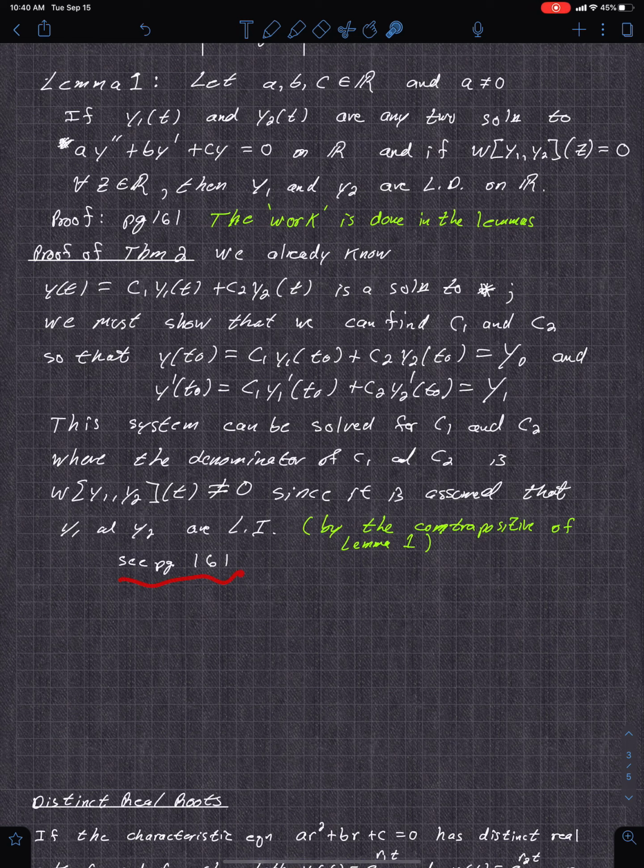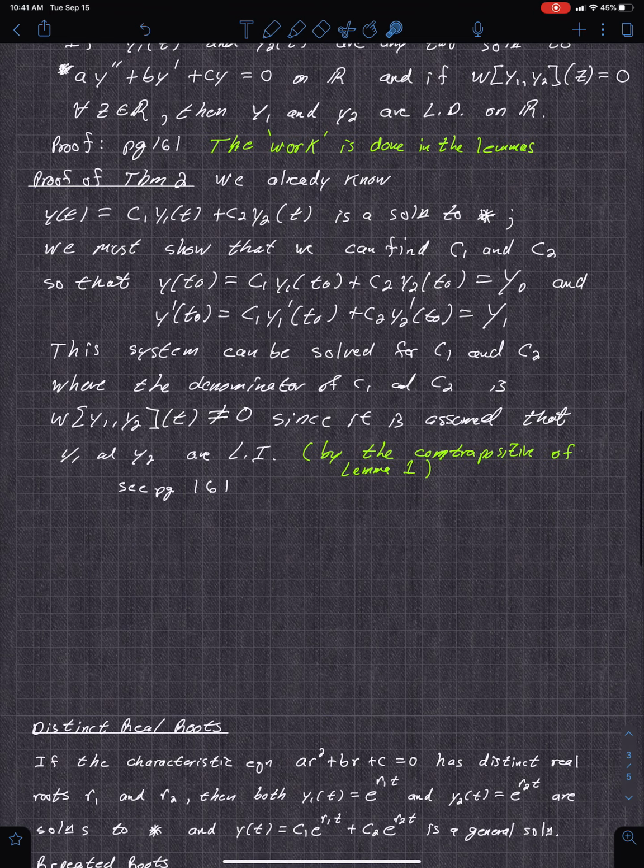If you go to page 162, you'll see that you have C1 equal to something, and what it's divided by is the Wronskian of y1 and y2. But because we're assuming that y1 and y2 are linearly independent, that'll never be zero. That's the key to that concept. So check that out. Some good stuff in there. And then we go on to the next part.